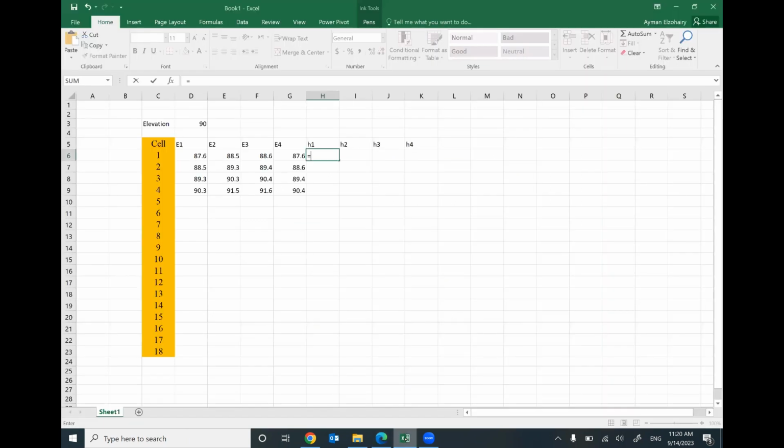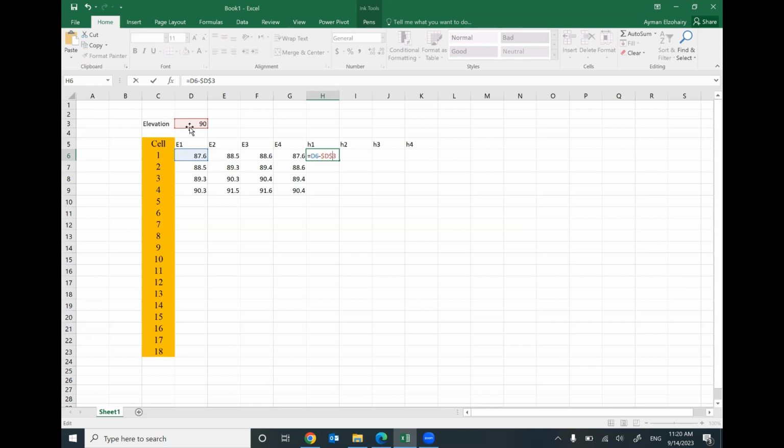So I will start to subtract this number minus this number. Since this number will be constant all the time, 90, I will write a $ sign and another $ sign before the column name and the row number, because I don't want this number to be changed to any different number.